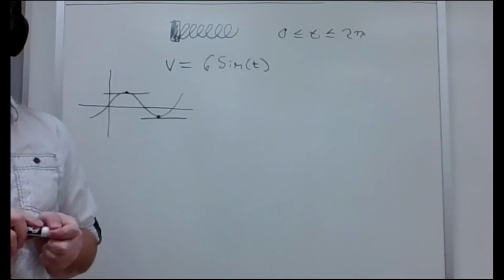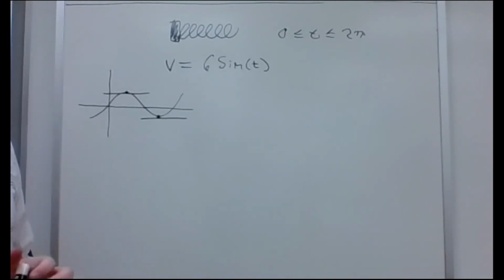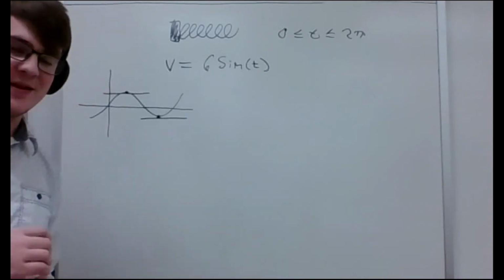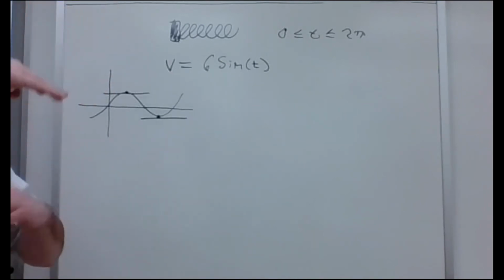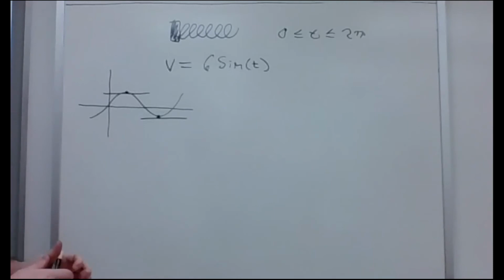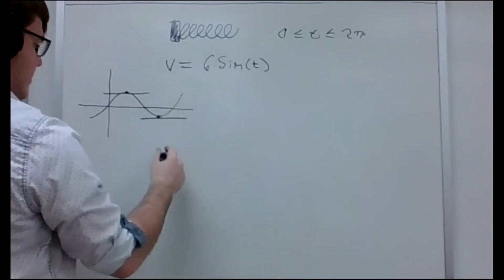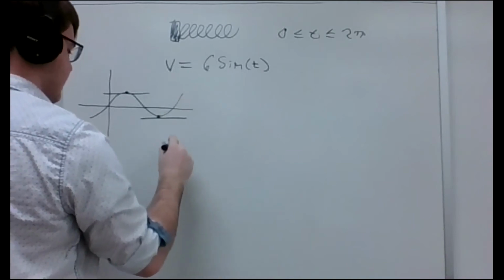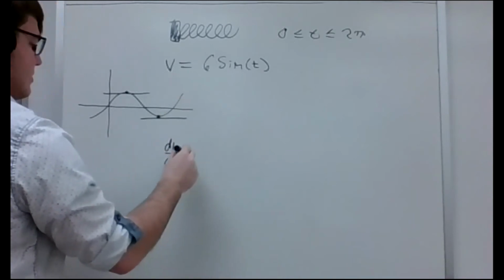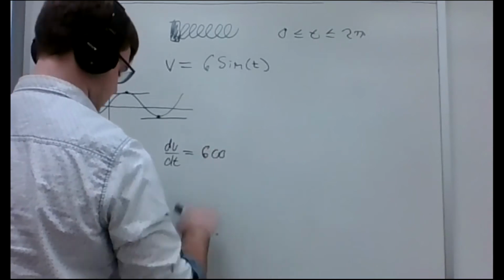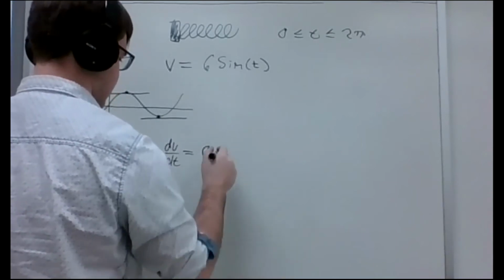But in general, you have to go through finding the critical points, testing them, and seeing them in the function. So if we take the derivative of this, dv dt is going to be equal to 6 cosine t.